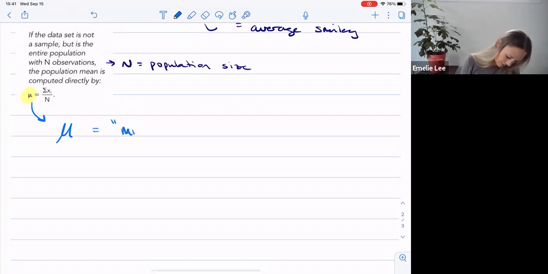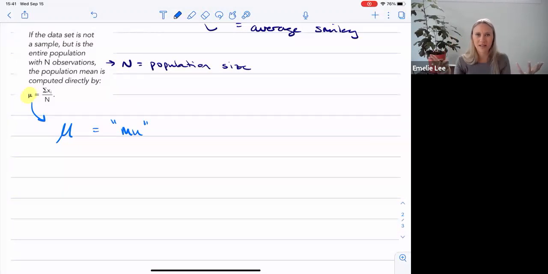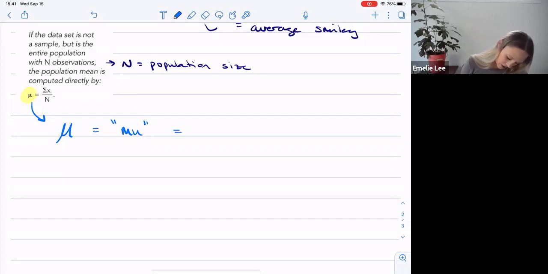But for now, if you just want to write mu, that's fine too. That's how we write it phonetically, I guess. Okay, and so mu is the population mean.